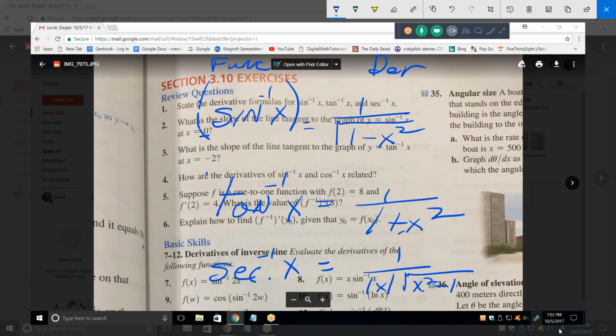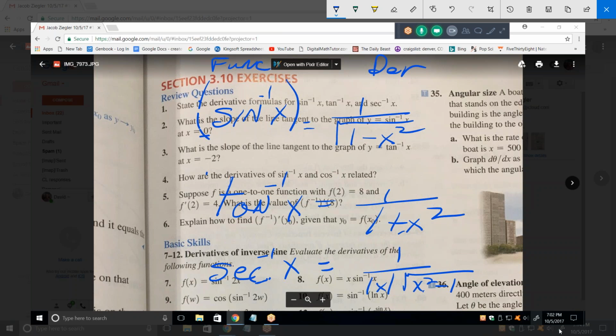Now, let's talk about the chain rule. In other words, the very first question is number 7, where they want you to take the derivative of inverse sine of 2x. Well, really the way you should do these is using u substitution. So you see number 7 down here? Yeah.